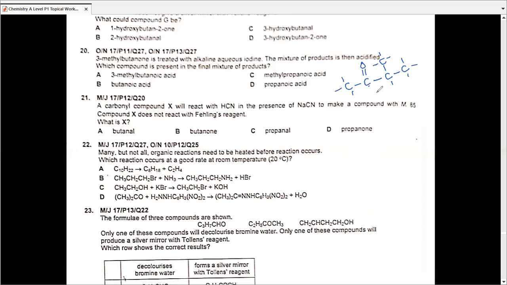They never gave the number of butanone, but since it's 3-methyl, I'm assuming there's 2 over here. Since it's a methyl ketone, yes, it would react. It would then give us CH3COONa, which, if acidified, means it's hydrolyzed.